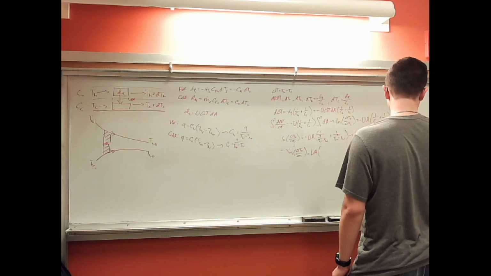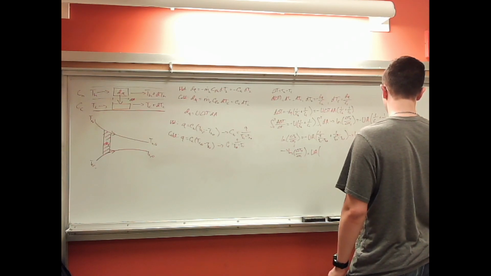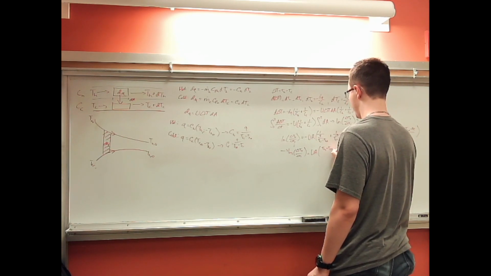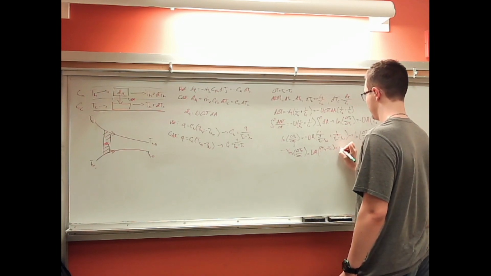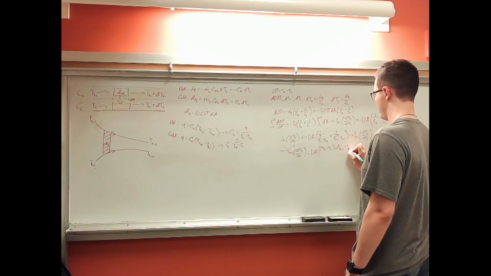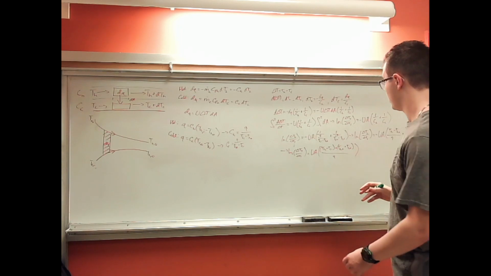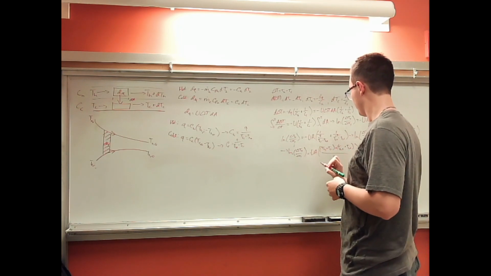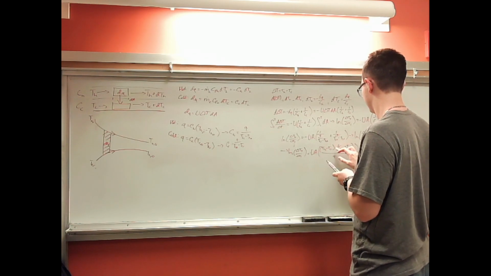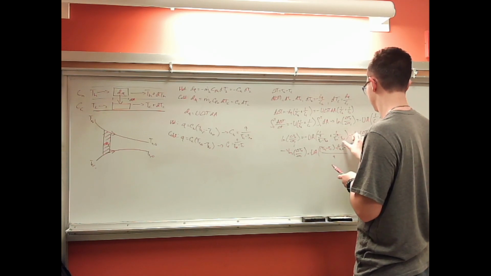THI plus TCI plus THO final position plus T cold final position, all divided by Q. Or actually, no. We want the inverse of that. So minus, minus, minus.